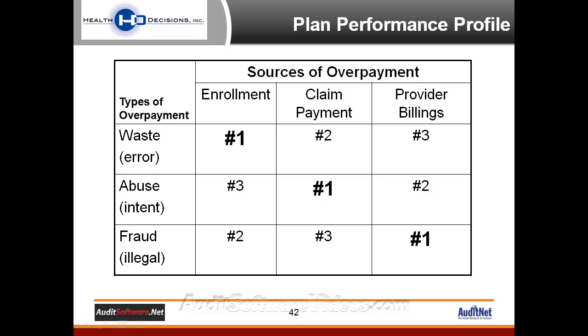Provider billings might be where the provider, the doctor themselves, is upcoding or unbundling services, and we'll give you an example of that. And then in enrollment, that's more where people just don't know a lot of times that their dependents aren't covered anymore, or they themselves may not be covered anymore as well. So enrollment can come up quite a bit. So this is trying to give you an idea of where it happens and from what process level the waste, abuse, and fraud occurs.